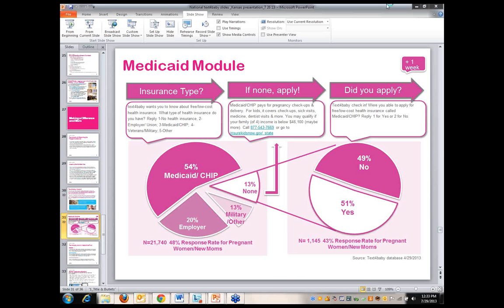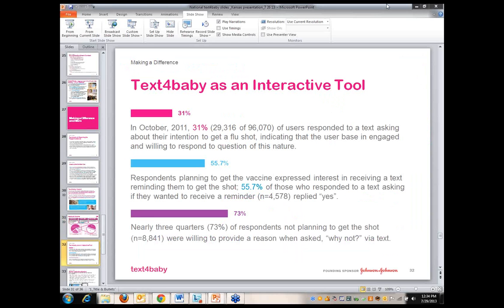Of those who do not have health insurance, we were able to have some further interaction with them about giving them information if they're eligible to apply for Medicaid and CHIP, and then we were able to ask if they were able to apply for free and low-cost health care. So really interesting information we're able to receive about our user base, as well as continuing to give them this information.